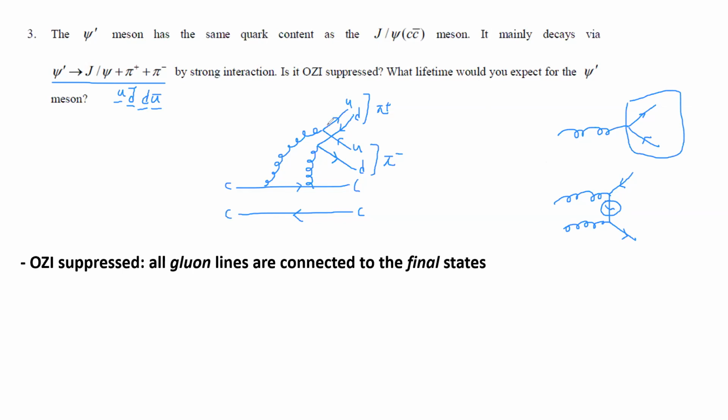And so you can see that in this diagram, all the gluon lines are connected to the final state. So the diagram is OZI suppressed.